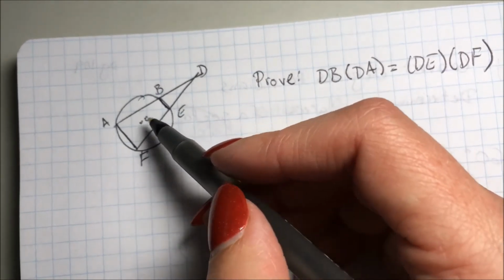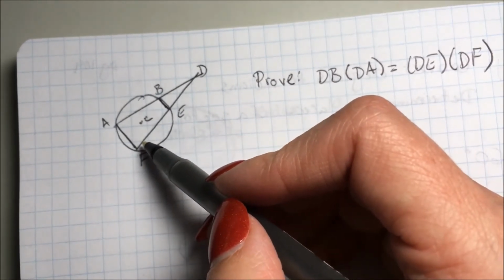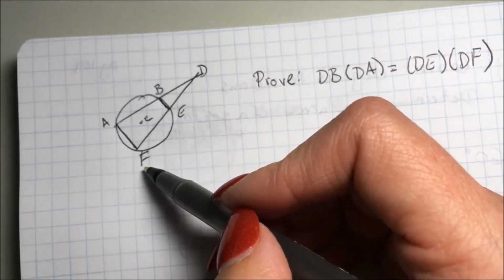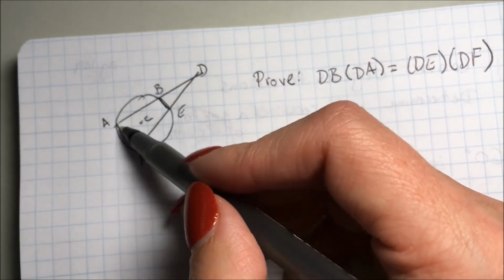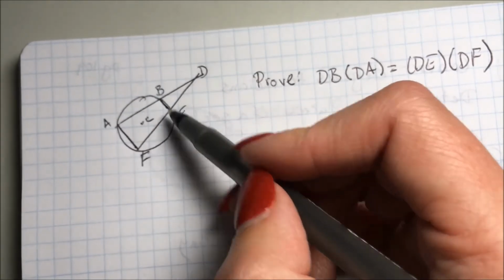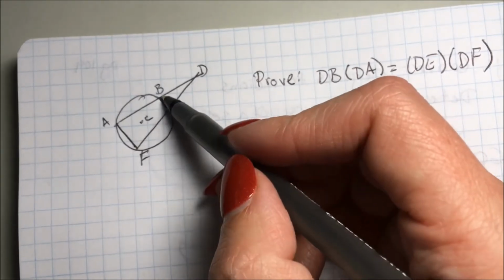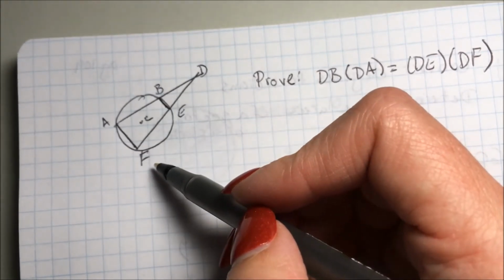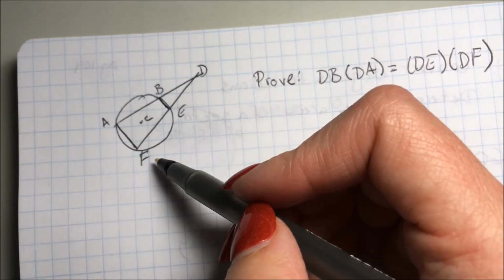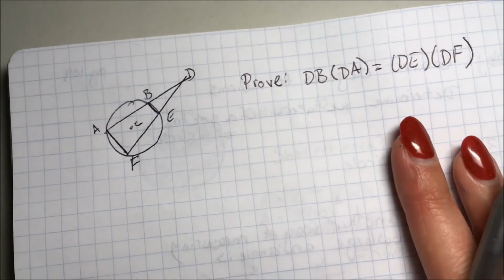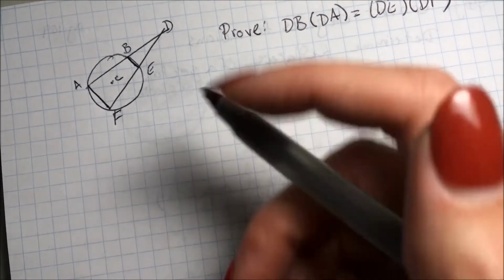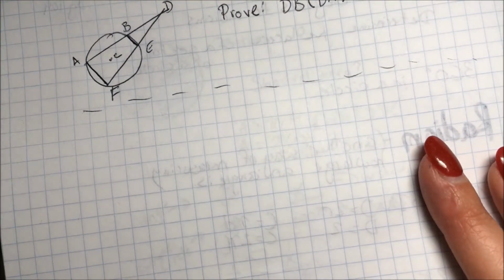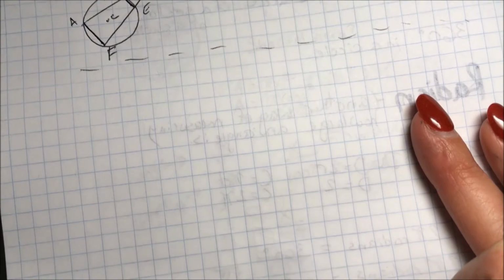And we might think about it in terms of angles. So I know this is an inscribed angle, right? So I know it's equal to 1/2 of AE. So I might want to find another smaller angle up here that would prove that they are equal. But that's for another day, okay? So this is one of the proofs that I believe will be on the regents that we will discuss. All right, moving on.